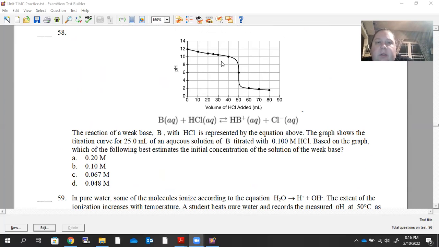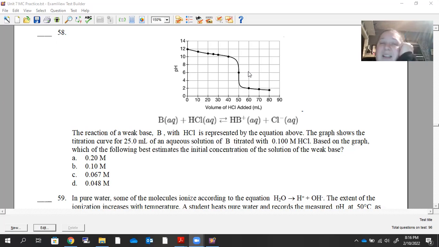So if you have the graph, you know the initial pH of that solution. If I know that my solution is starting off with a pH of 12, oh, no, because they don't give us a KB, we can't use the initial pH, but we do know the equivalence point.